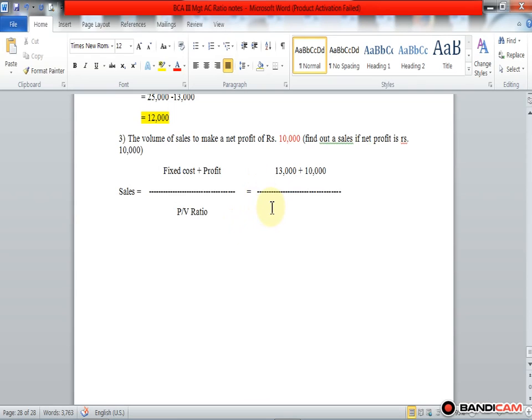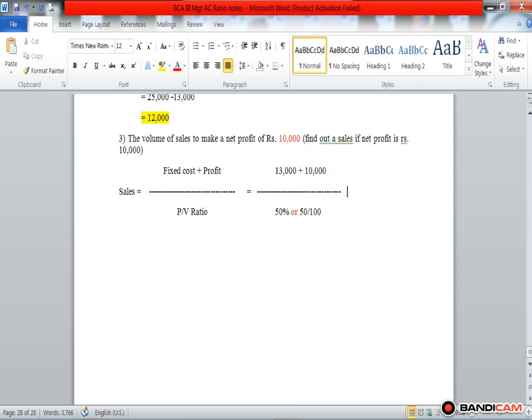PV ratio is equal to 50% or 50 divided by 100. Write it here as 50% or 50 divided by 100. Both techniques are given to you, solve by any one technique.